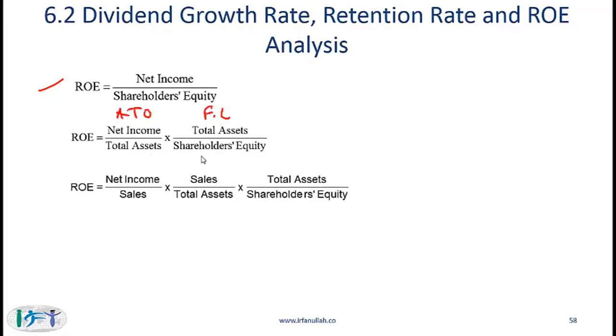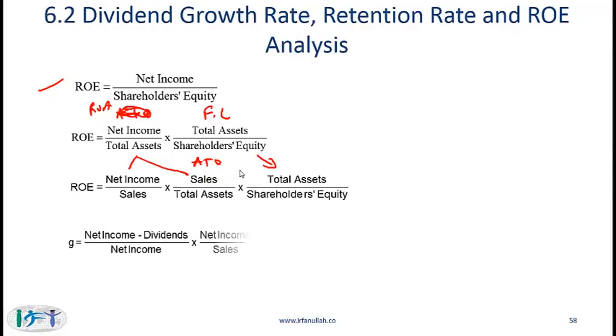Then we further break it into the profit margin, net income over sales, multiplied by sales over total assets. So return on assets can be decomposed as the profit margin multiplied by the asset turnover. And then the financial leverage obviously just comes down.